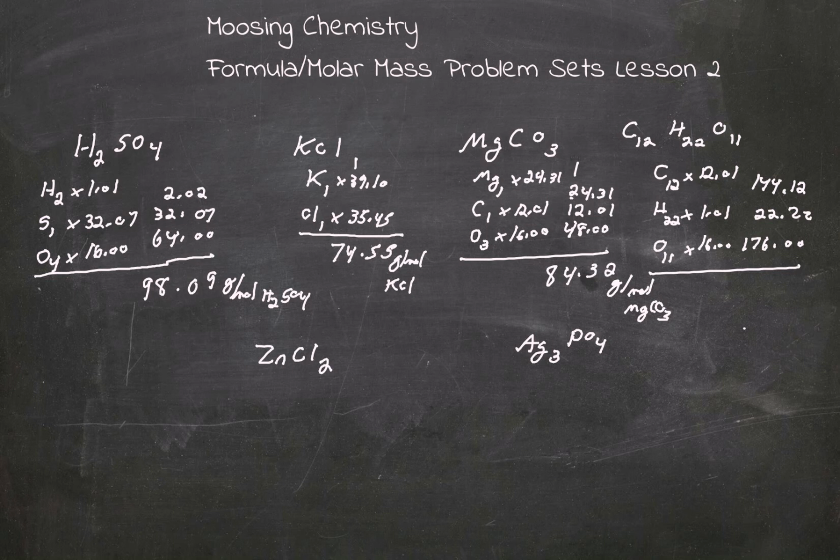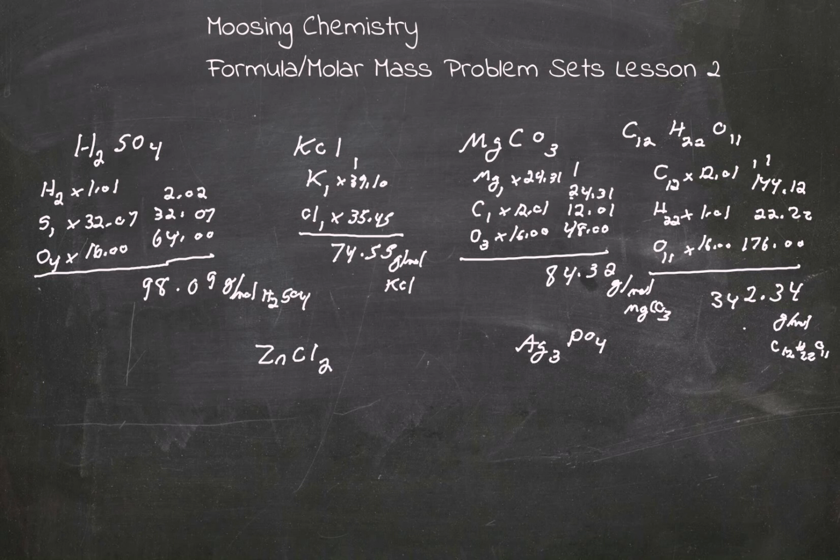That's 176. So we add 176 plus 22.22 plus 144.12. This gives me 4, 3, and that's 8, and that's 12. Carry 1. That's going to give me 4. Carry 1 again. That gives me 342.34 grams per mole. Pretty cool, huh? Okay, I did use a calculator for the C12 one, I gotta admit.